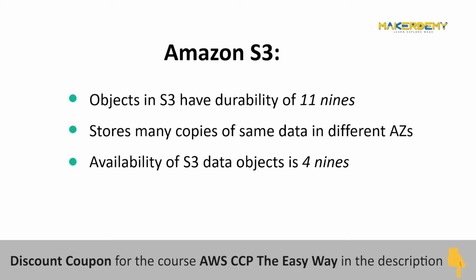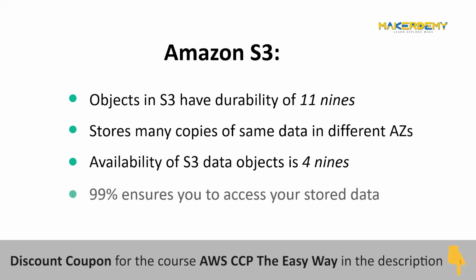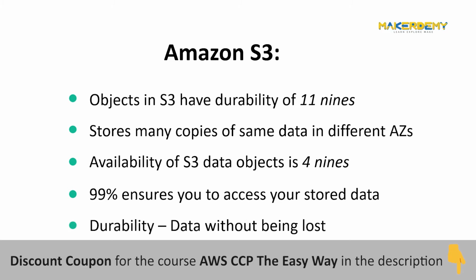When looking at availability, AWS ensures that the uptime of Amazon S3 is 99.99% to enable you to access your stored data. The durability percentage refers to the probability of maintaining your data without it being lost through corruption, degradation of data, or other unknown potential damaging effects.